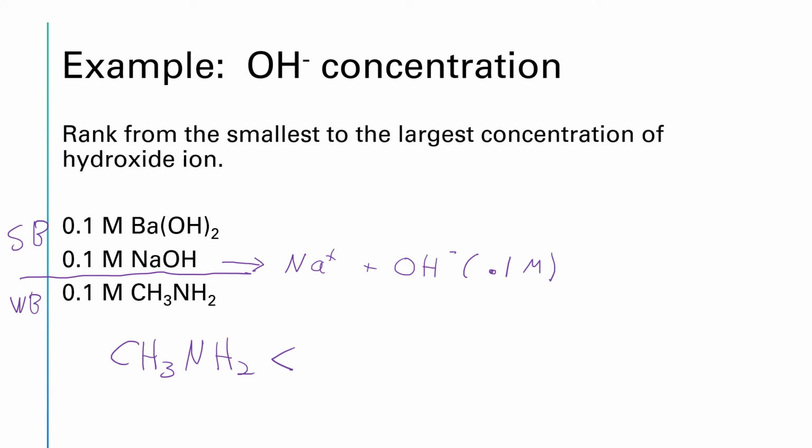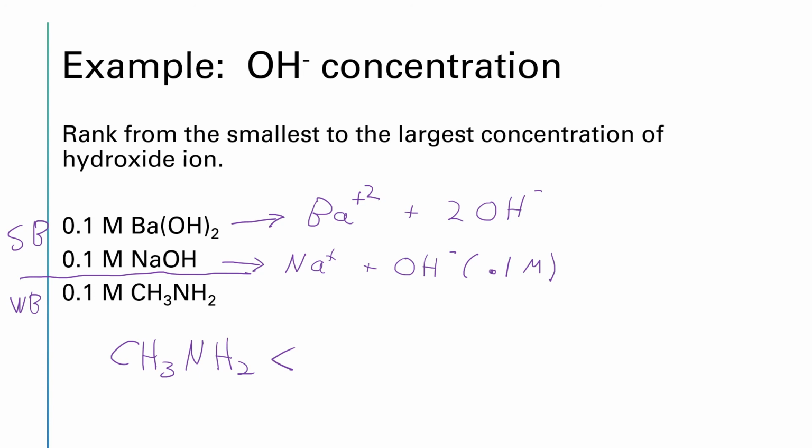Barium hydroxide is a different story. When barium hydroxide dissociates, we're going to get a Ba2+ ion, but for every one barium, we are going to get 2 hydroxides because of that subscript of 2 outside of the parentheses. So this would be like saying, okay, you've got a car, and now we're going to rip that car apart for parts.